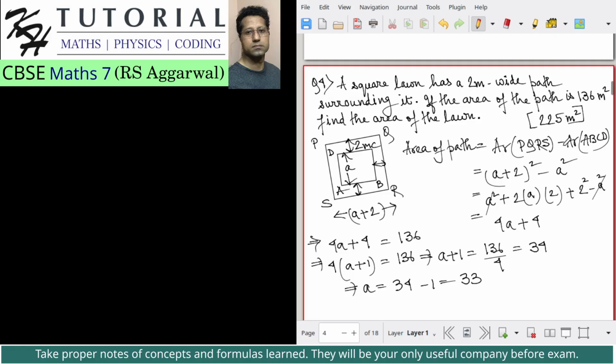Okay, so A plus 2 whole square minus the area of the square lawn, A square. So we have A plus 2 whole square minus A square is A square plus 2 into A into 2 plus 2 square minus A square, which is A square gets cancelled out, and which is 4A plus 4.